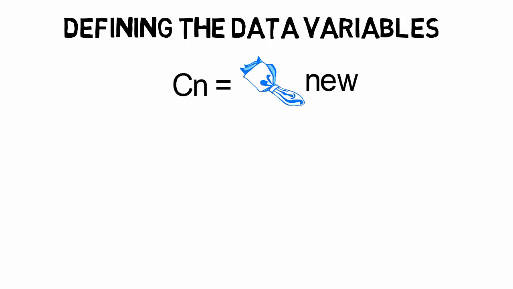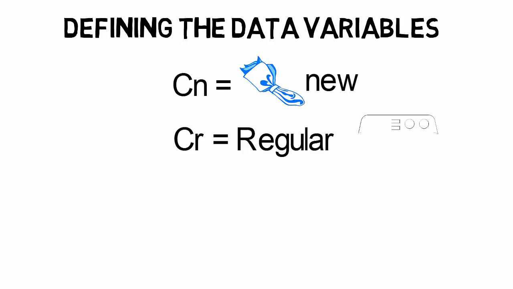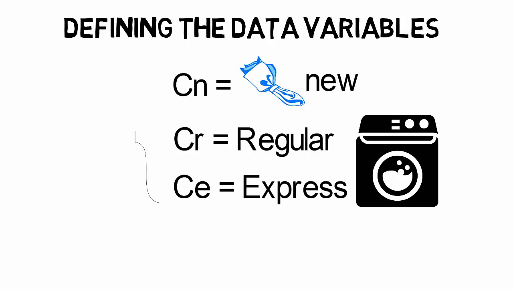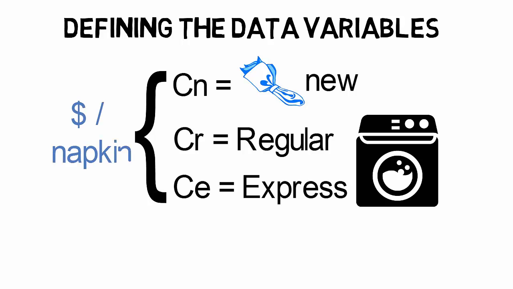So it's $1 per napkin. And the cost of regular laundry, again $1 per napkin. And then CE be the cost of express laundry, and $1 per napkin.